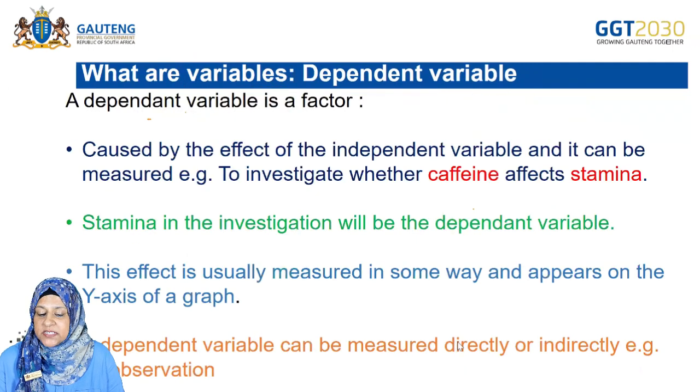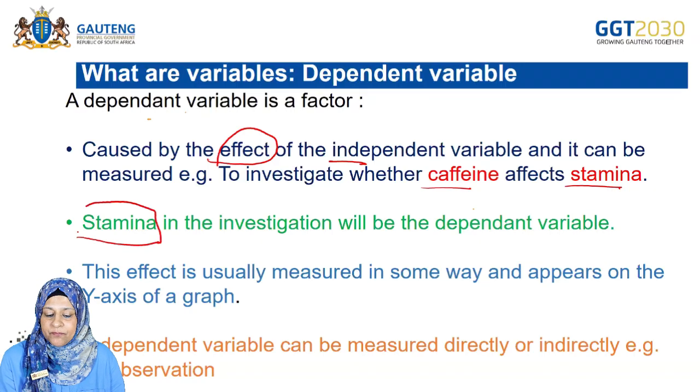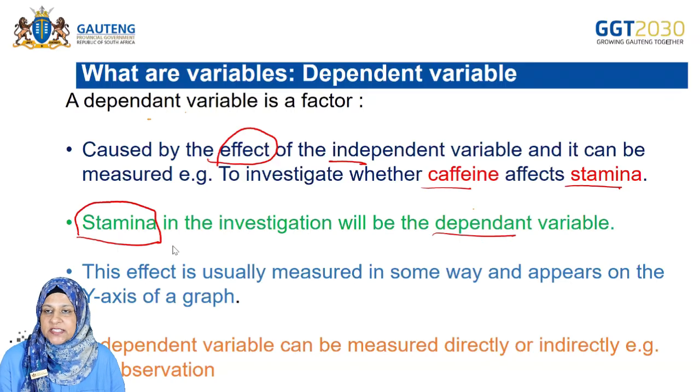Now, your dependent variable. Your dependent variable is a factor caused by the effect of the independent variable, and it can be measured. So, to investigate whether caffeine affects stamina, stamina will be your dependent variable in the investigation, and you can measure stamina.